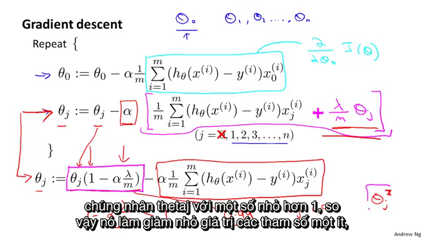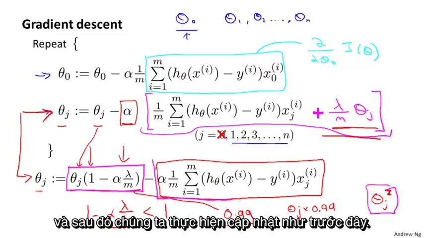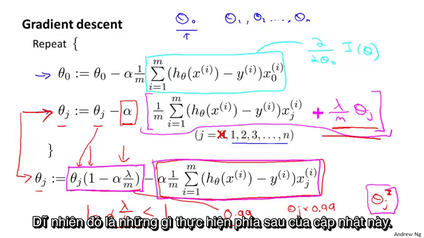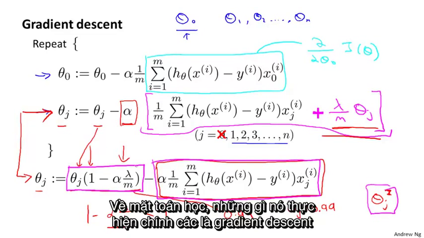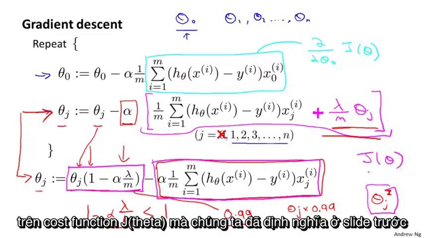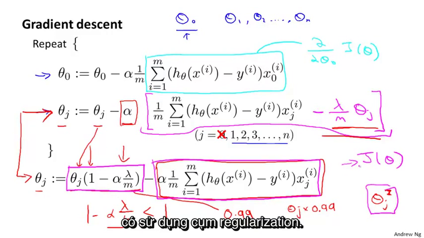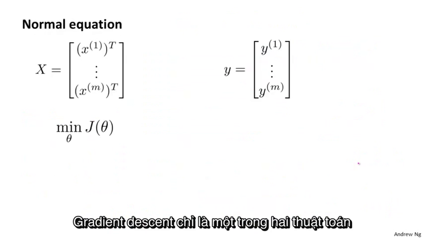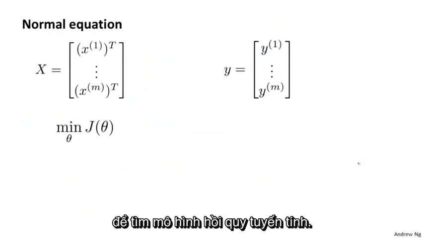So we're shrinking the parameter a little bit, and then we're performing a similar update as before. Of course, that's just the intuition behind what this particular update is doing. Mathematically, what it's doing is exactly gradient descent on the cost function J of theta that we defined on the previous slide that uses the regularization term. Gradient descent was just one of our two algorithms for fitting a linear regression model.